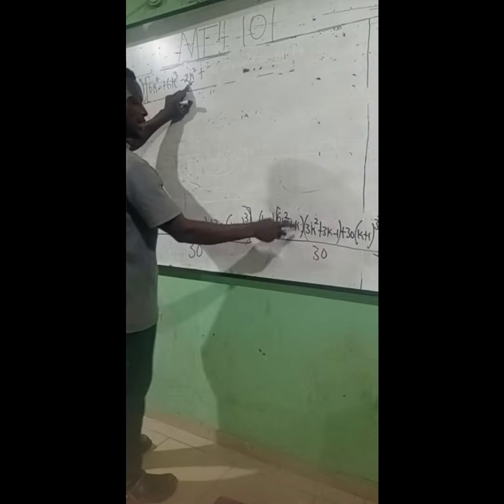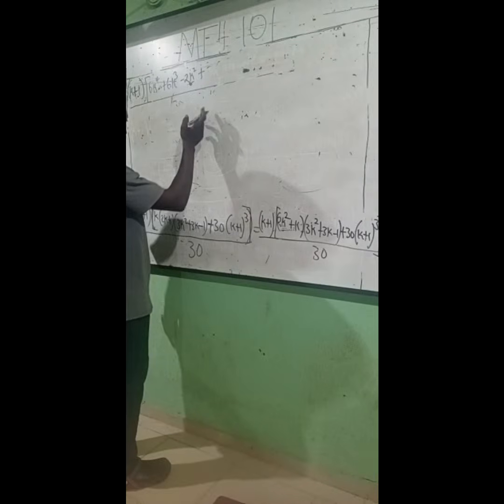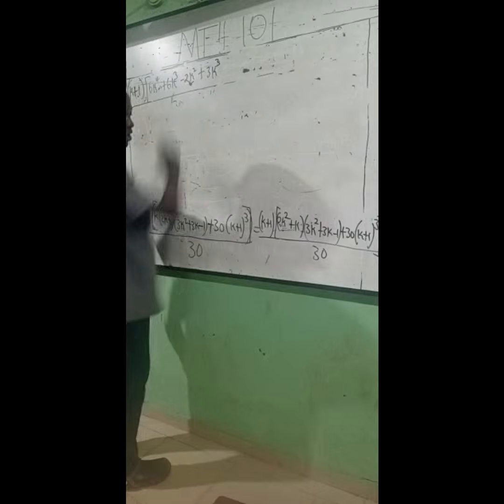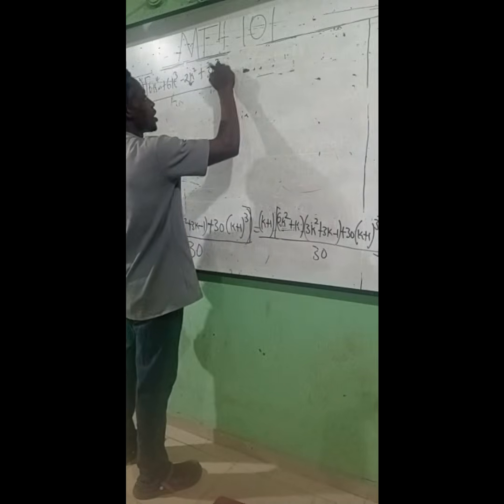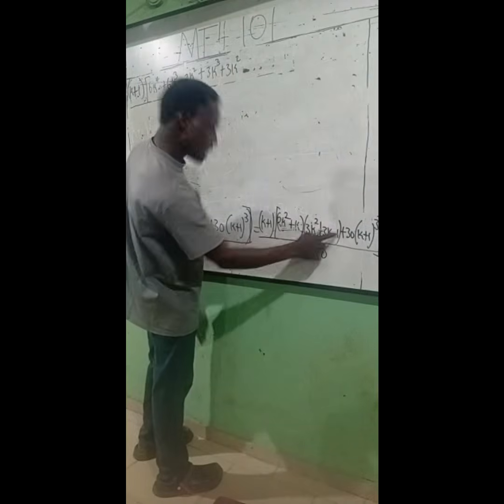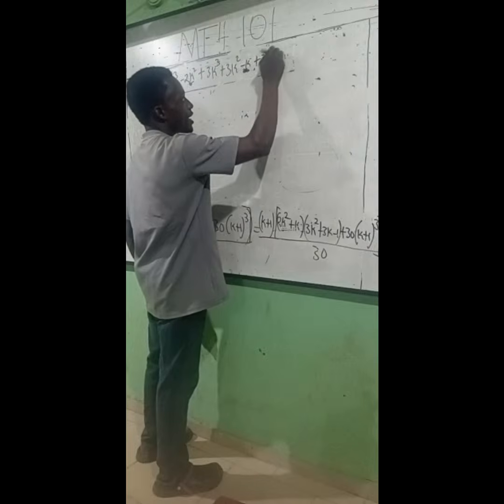It remains this. K times 3k squared. So here we have 3k cubed, k times 3k is 3k squared, k times minus 1 is minus k, plus 30k cubed.